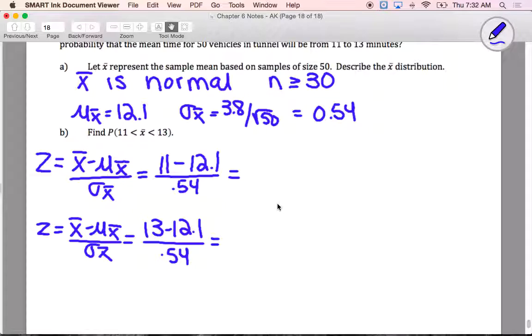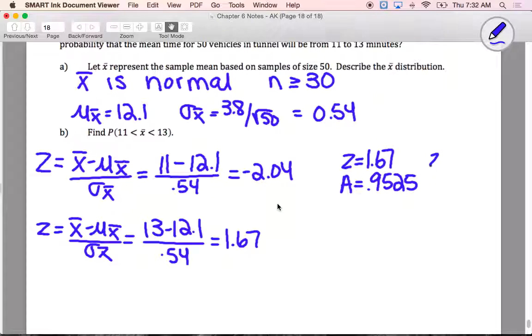So you should have gotten z's of negative 2.04 and 1.67. Now you went to your table. When I have 1.67, we should have gotten a 0.9525.